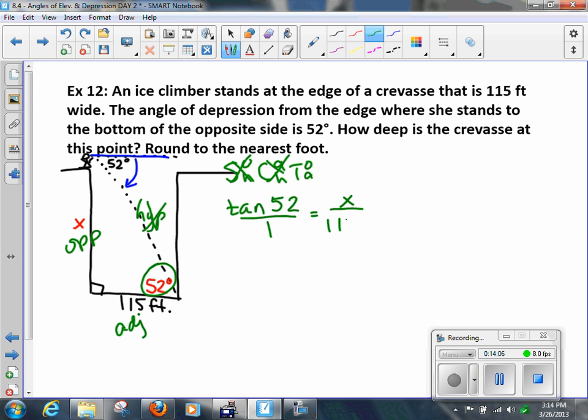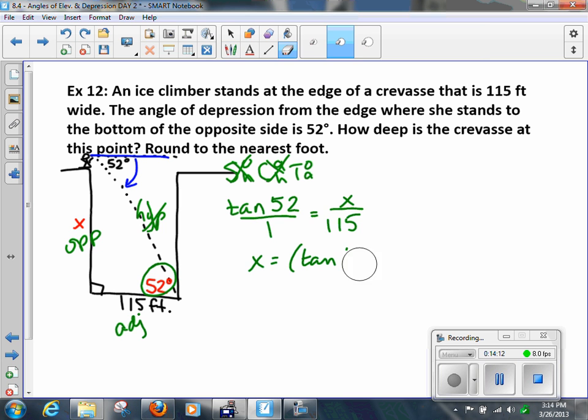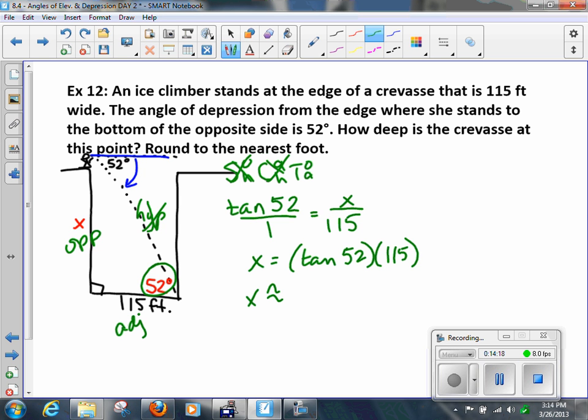X over 115. And then I just cross multiply. And y'all got to help me here. Tangent of 52 times 115 is approximately, it says round to the nearest foot, 147 feet. Is that what somebody else got? 147 feet. Folks, does that make sense? Everybody cool with that?